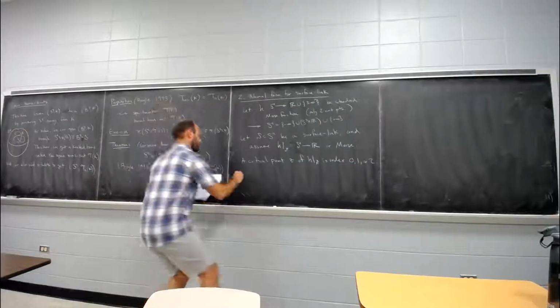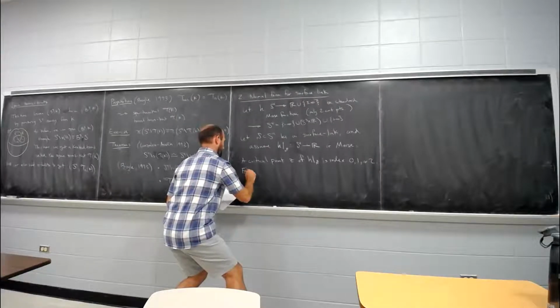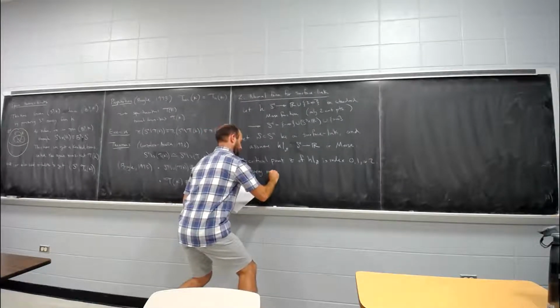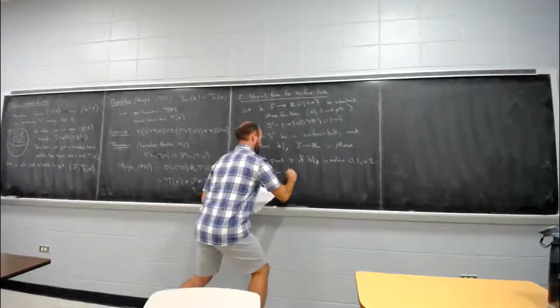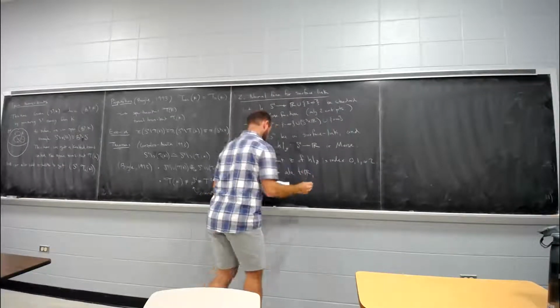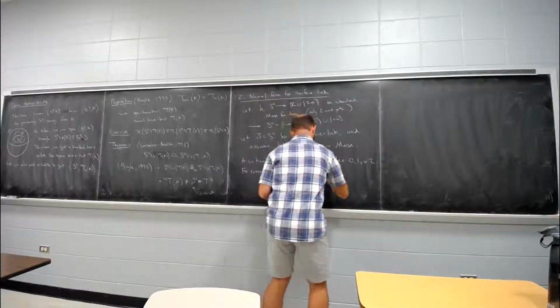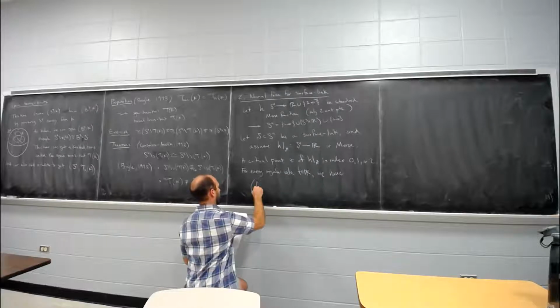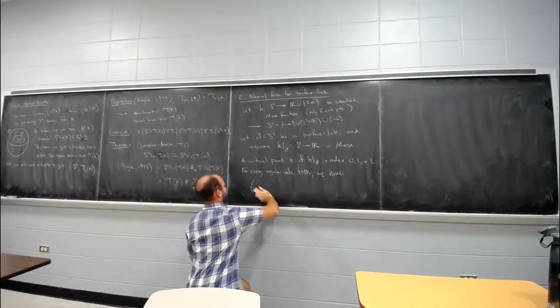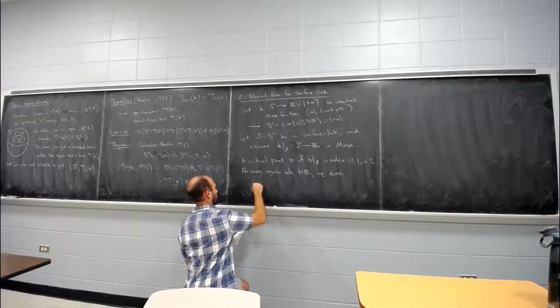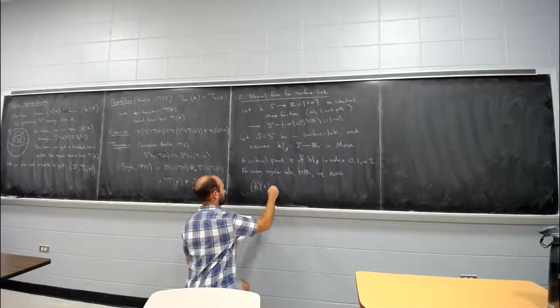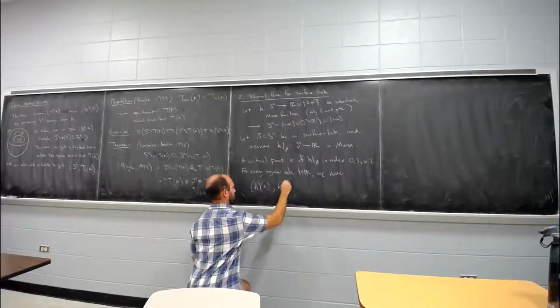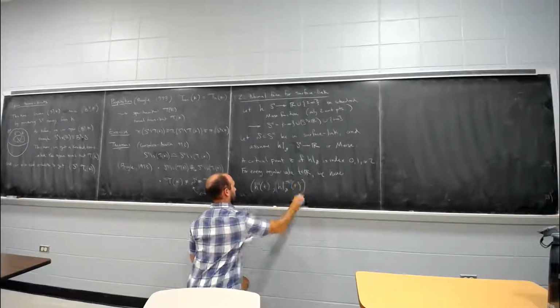And for every regular value t in R, we have the pair H inverse of t, comma, S intersected with it.